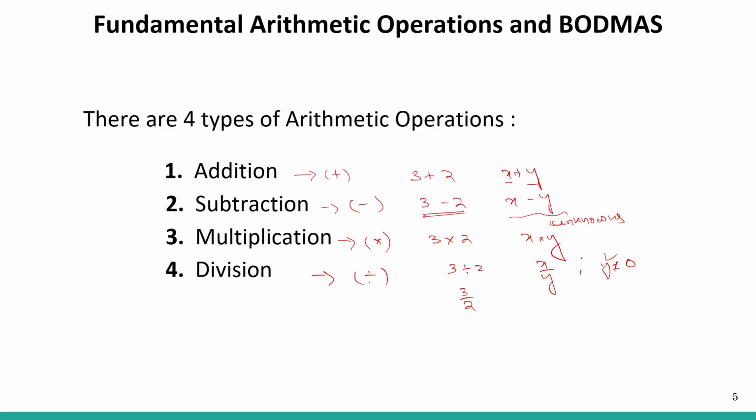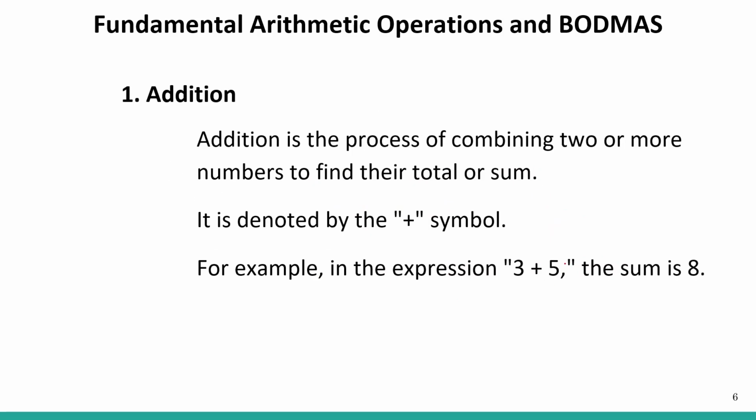So let's explore the first kind of arithmetic operation, that is addition. Addition is the process of combining two or more numbers to find their total sum. If you are given two numbers, 3 and 2, and you want to find their total sum, it is equal to 5.